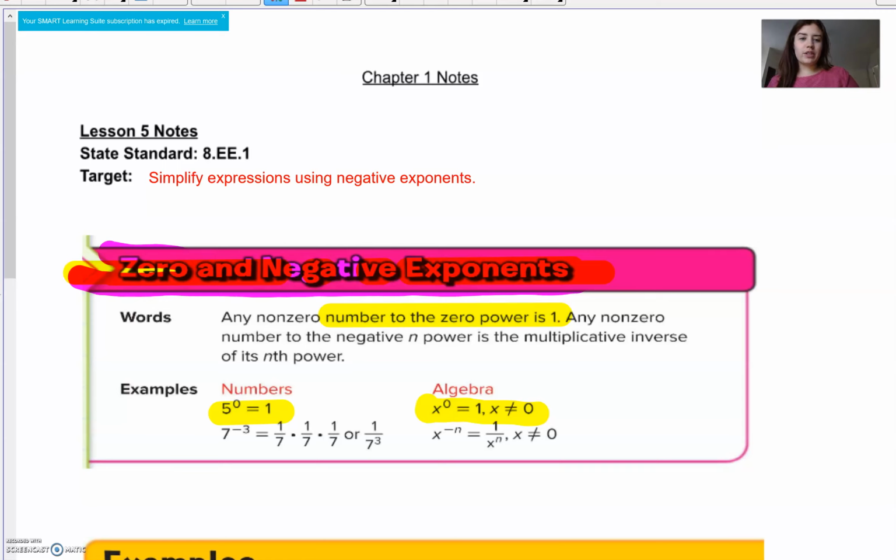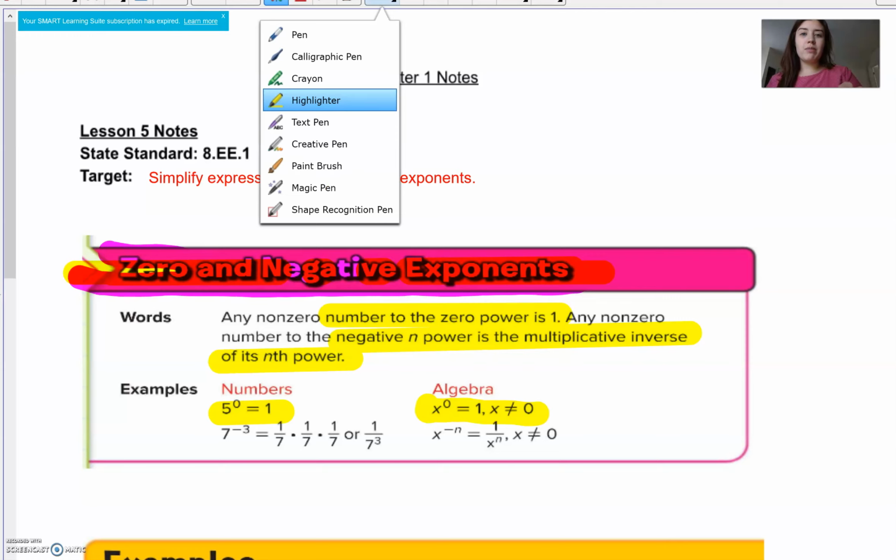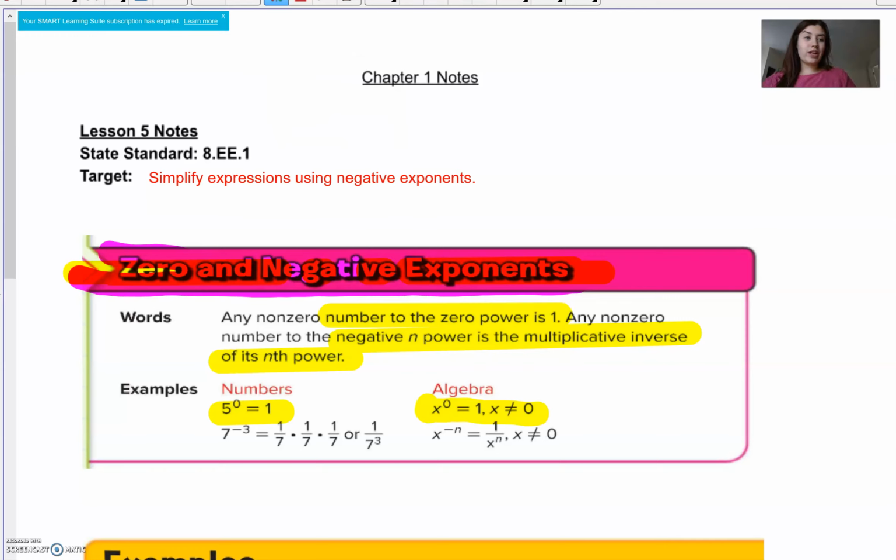Our second part that we're going to learn is all about what a negative power is. So if you have any number to the negative n power, it is the multiplicative inverse of its nth power. Now that's a lot of math talk, so we're just going to break that down in an example. If we have 7 to the negative third power, we're just going to take its reciprocal, which is just 1 over 7 to the third power, and we're going to not include the negative sign.